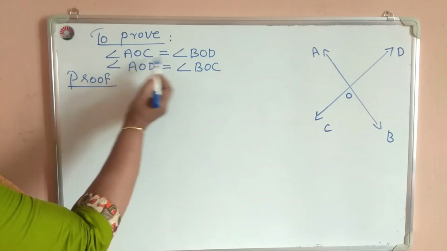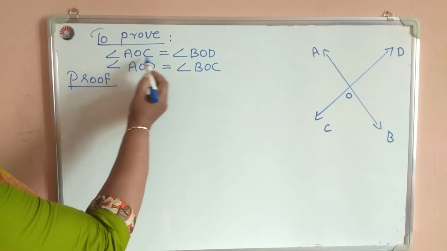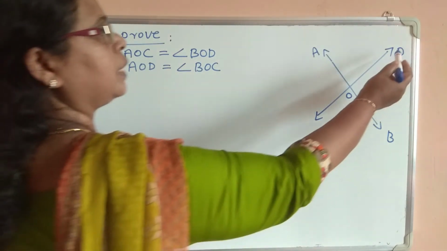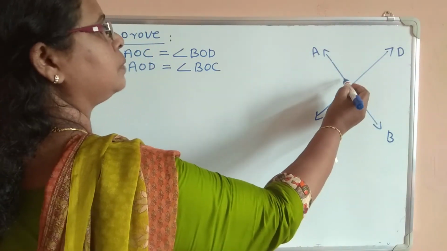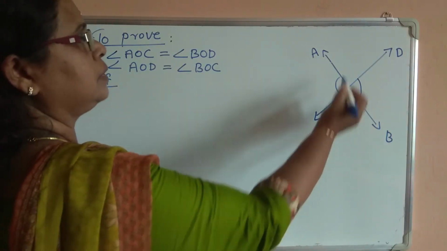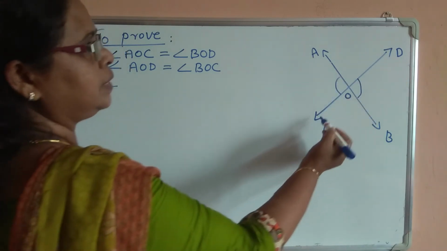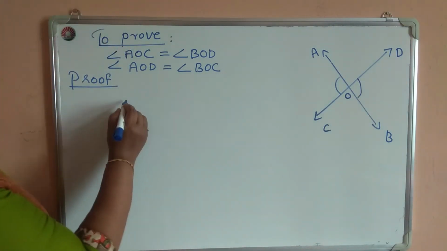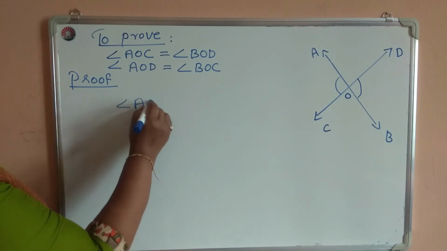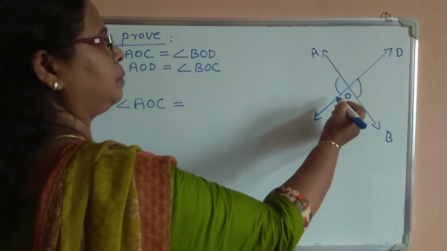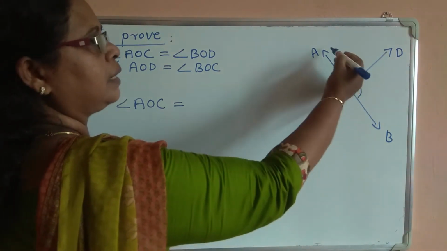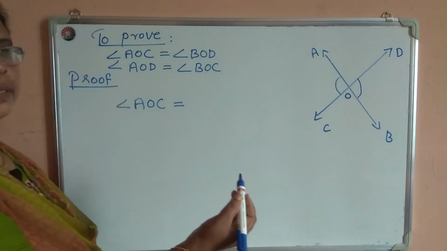The first pair: angle AOC is equal to angle BOD. We want to prove angle AOC is equal to angle BOD. Consider the straight line CD. What about angle AOC? Is it a linear pair with any angle? Angle AOC and angle AOD are a linear pair, isn't it?